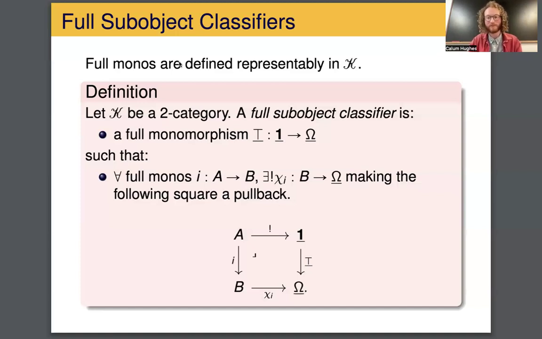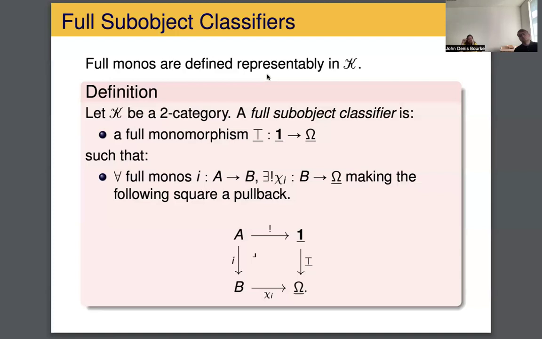Do people know what representably means? The concept of monomorphism in a category is defined representably. You define an arrow in a category to be mono if when you hom into it from any other object by the representable, you get an injective function. And so in a two-category, you can define any sort of concept representably like that as well.